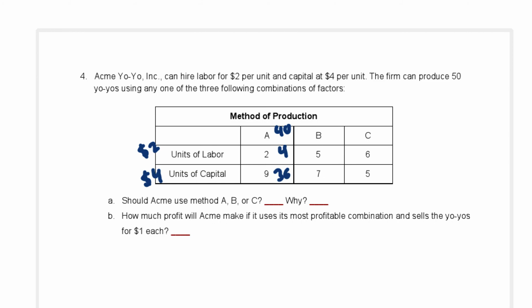For this one, 5 times 2 is 10. 7 times 4 is 28. So this one only costs $38. That's a little cheaper. And then C here, this is $12. 4 times 5 is 20. And this one costs $32. So this is the least expensive. Ta-da! So it is option C because only $32.